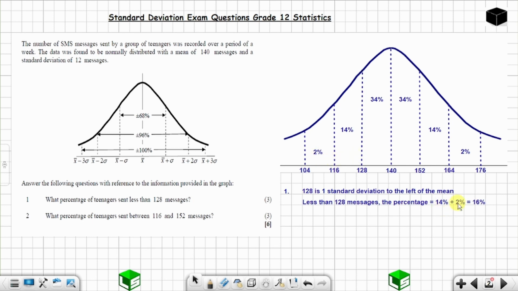So 14 plus 2, you are going to have 16%. 16% of teenagers sent less than 128 messages.